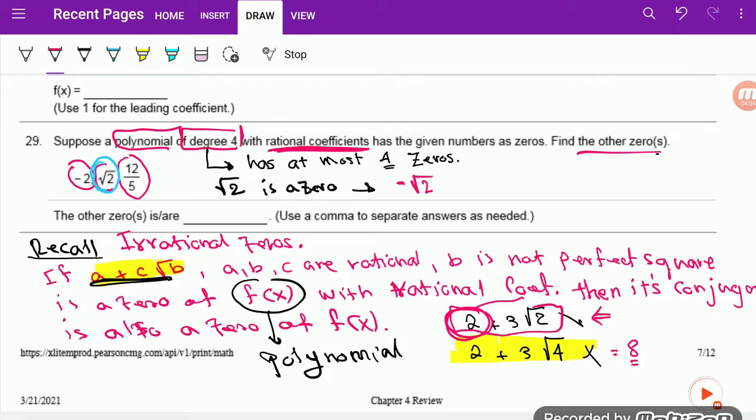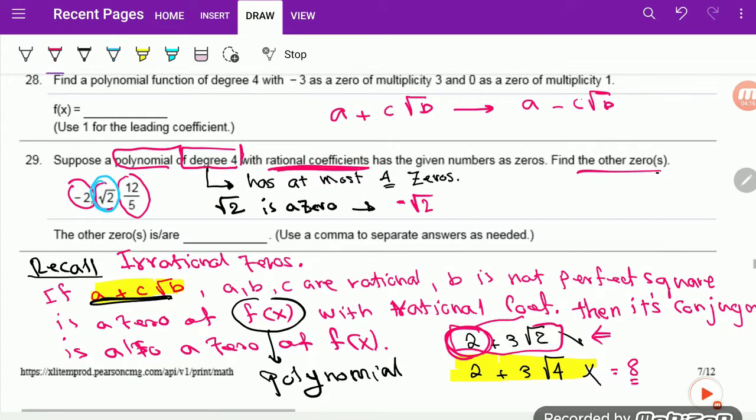Because again, the conjugate of a plus c radical b is a minus c radical b. In our case, we have square root of 2, so c is 1 and a is 0. So the conjugate is 0 minus 1 radical of 2, which is negative radical of 2.